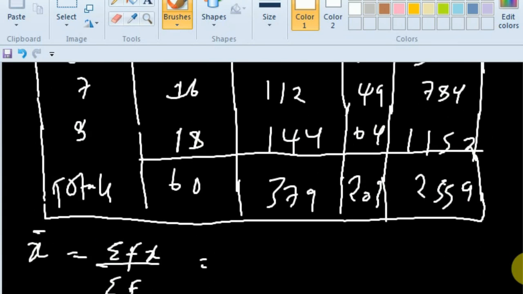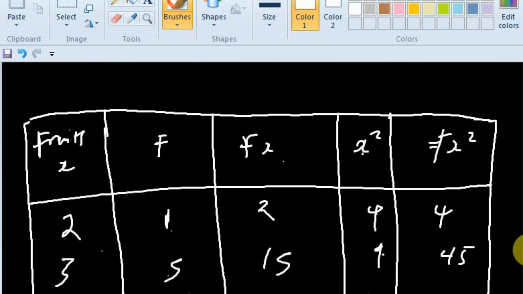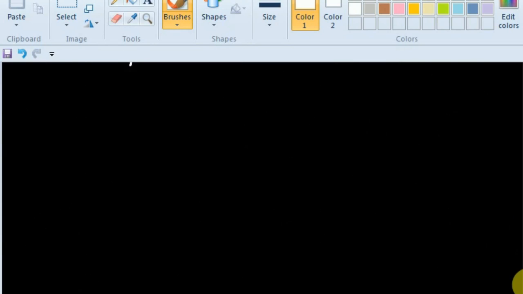So fx, it's 379, and you can see from our column, our frequency multiplied by x is that column.